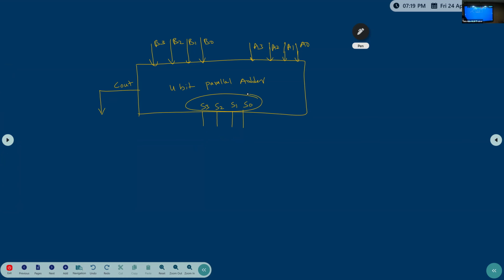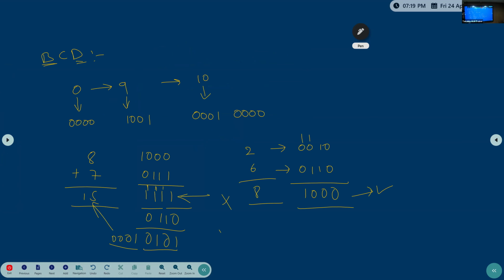With respect to these four outputs only, I need to process it. Yes or no? Four outputs I am getting after adding the two numbers. After getting these four outputs, I need to do some process. If it is a valid BCD, I don't need to do any process. If it is not in BCD, I need to do some process to change it.